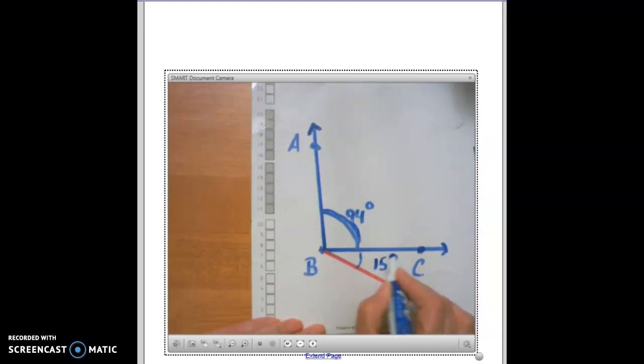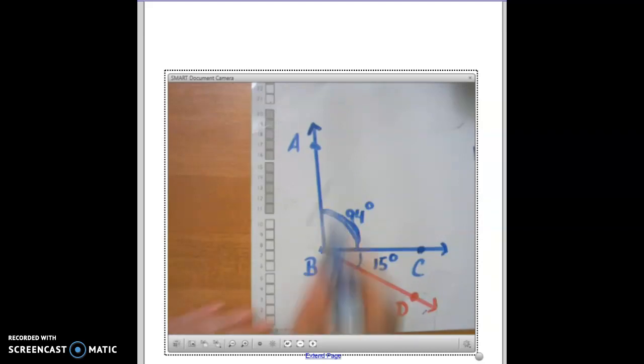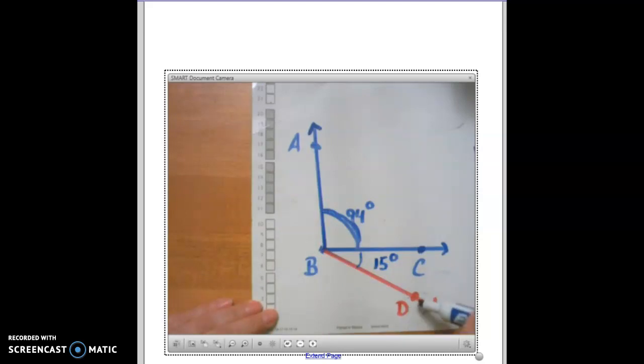What if I said this was 15 degrees? So now I've got one angle that's 94 degrees, an angle that's 15 degrees, and I want to know how big angle ABD is. Should I add 15 plus 94? And that will tell me the angle of ABD. Didn't even need a protractor, okay?